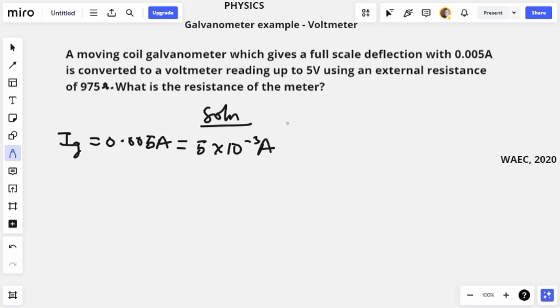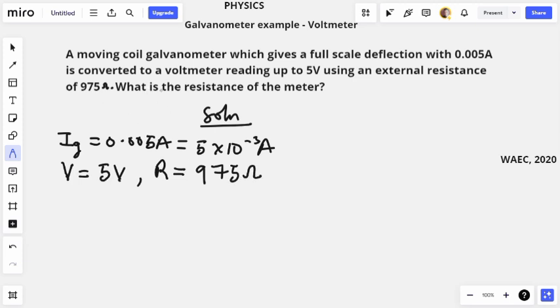The next parameter is that it is converted to a voltmeter up to 5 volts, so the voltmeter reading V equals 5 volts. The next parameter is the external resistance, capital R, equals 975 ohms.